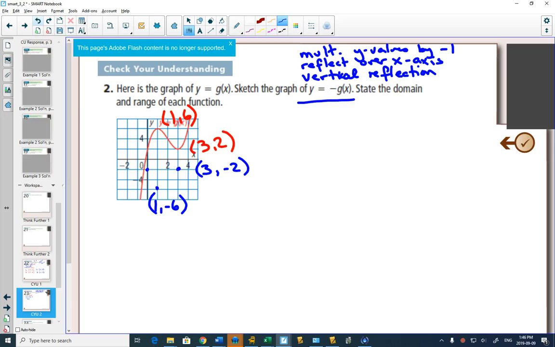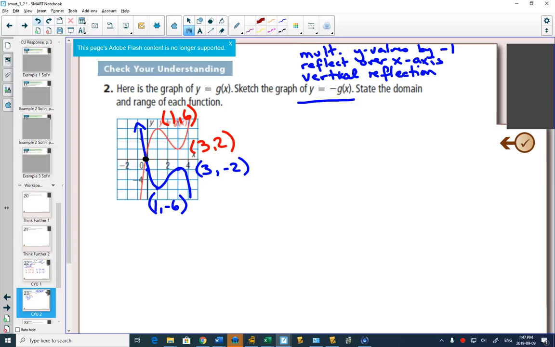But one point in particular that they really, really like is where the graphs cross. So the question is, when I draw this one, it's going to cross the red graph, and it's going to cross the red graph right at the x-intercept. I don't know what that point is exactly, but I know it has to cross there. Why does it have to cross there? Does it make sense if I flip it over the x, that whatever your x-intercept point is is not going to change?